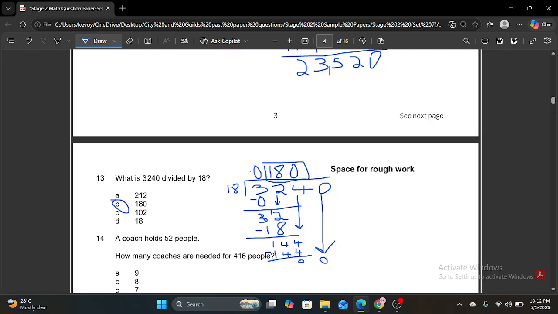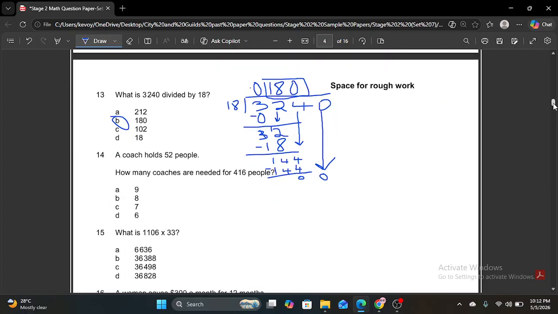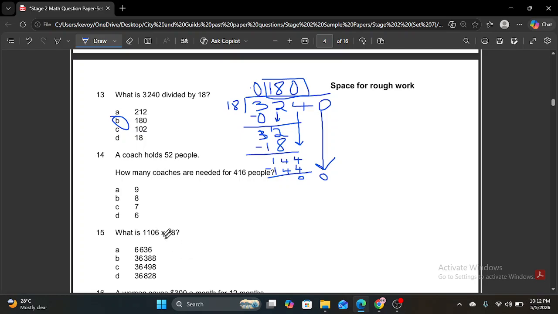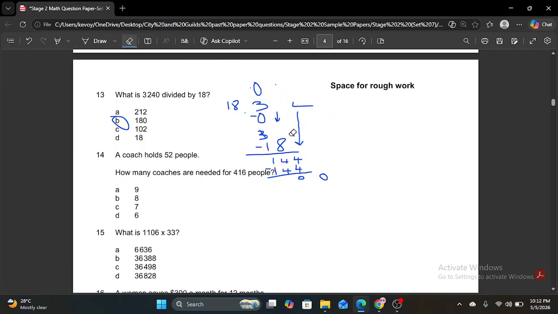Alright, so moving right along. Let's clear this off so we can create more space.